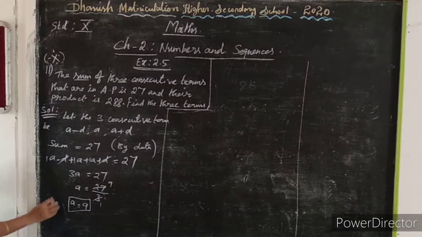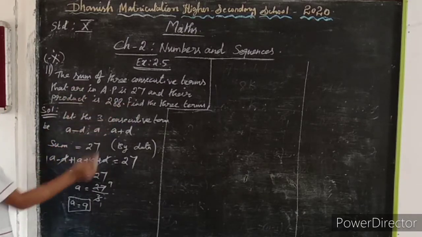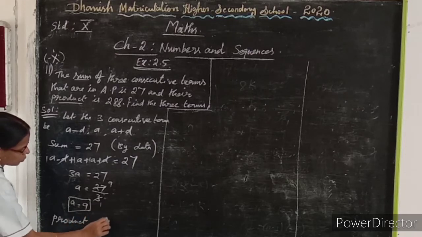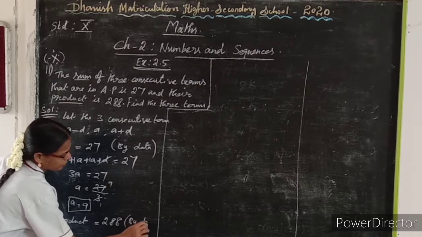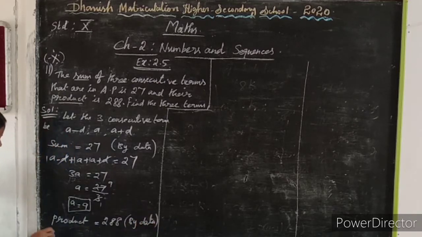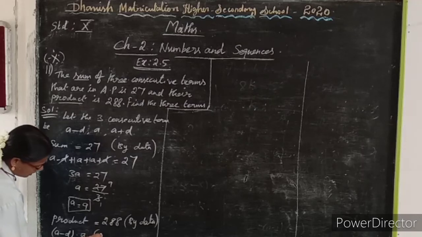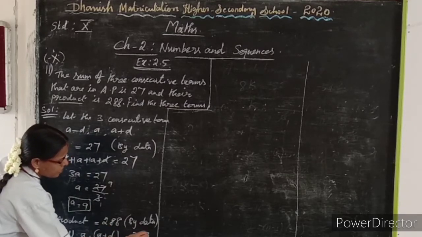Now again by the given data, the product is 288. So the product of the three consecutive terms a minus d into a into a plus d is equal to 288.